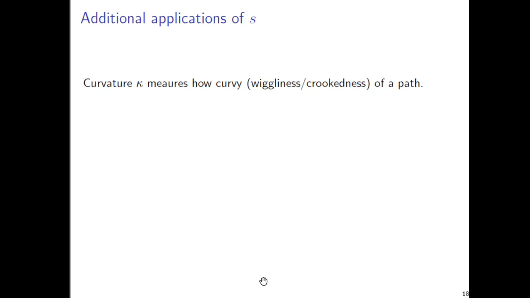Curvature is something that you can compute from the arc length function. Curvature, which is usually denoted kappa, measures how curvy or how wiggly or crooked a path is. It's computed like this.